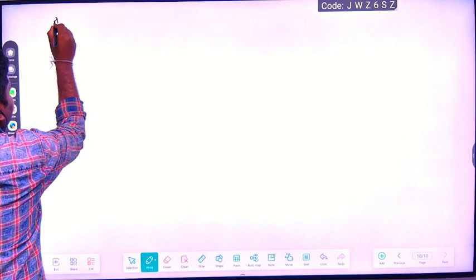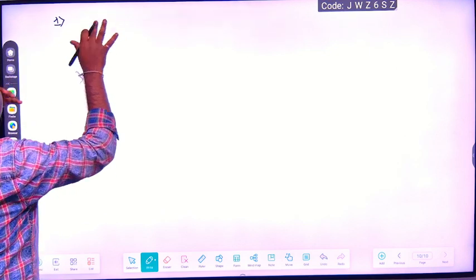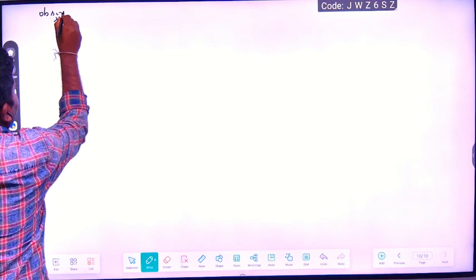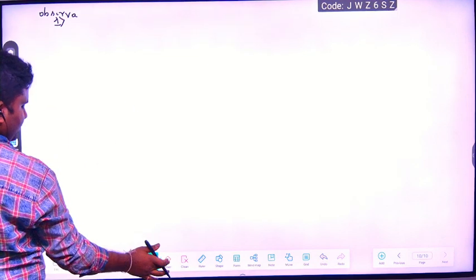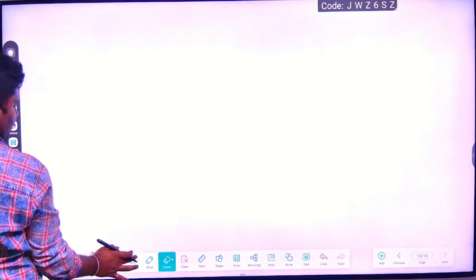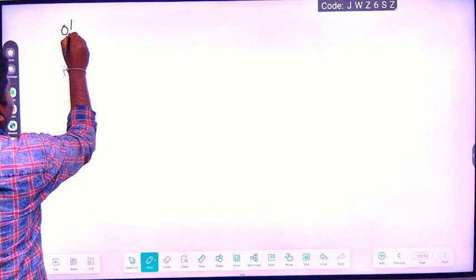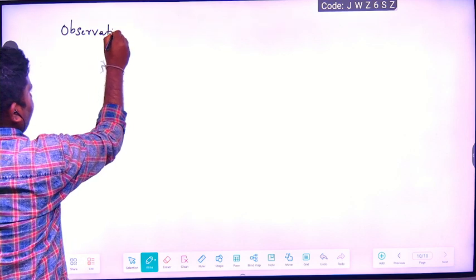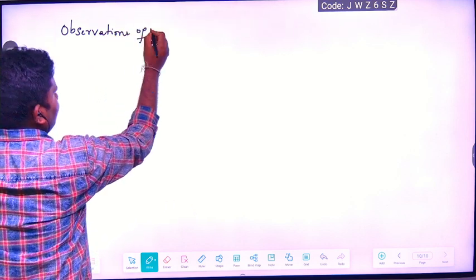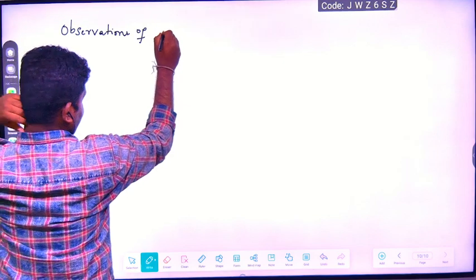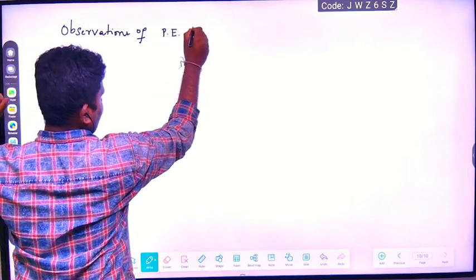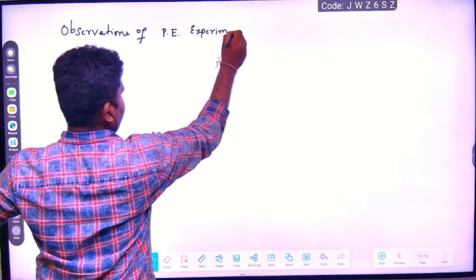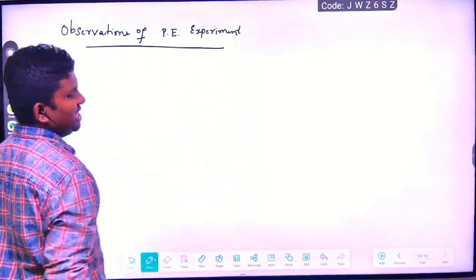First one, please write: observations of the photoelectric experiment. Now you see, we will study each and everything.